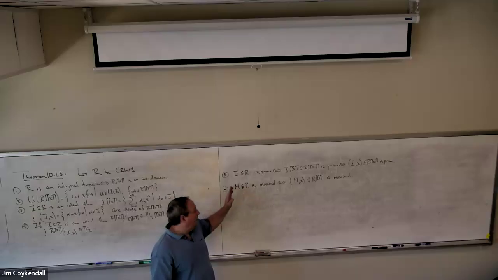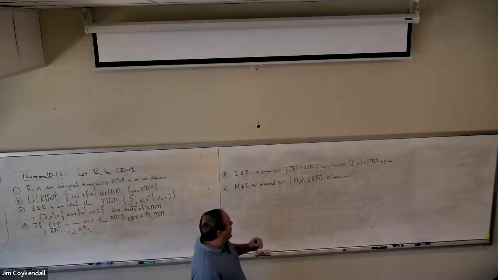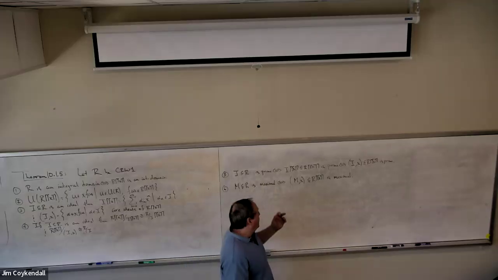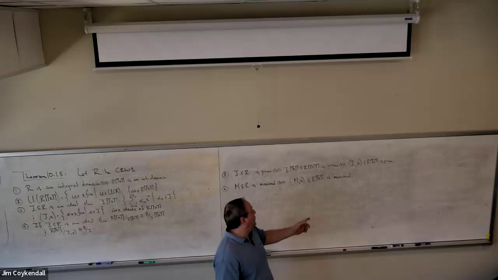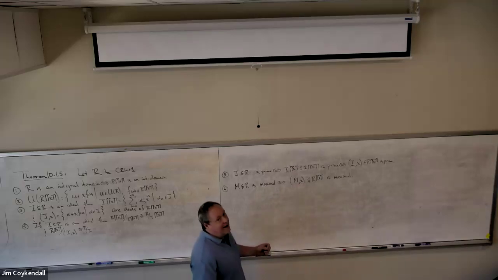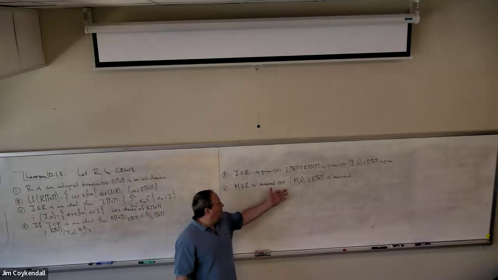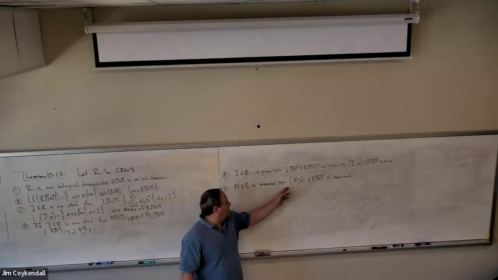So if you have F[[x]], power series over a field, that thing has only one maximal ideal, and it's generated by 0 and x. On the other hand, a polynomial ring over a field always has infinitely many maximal ideals.